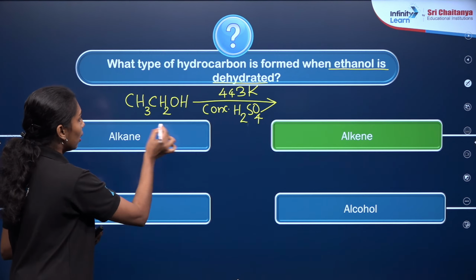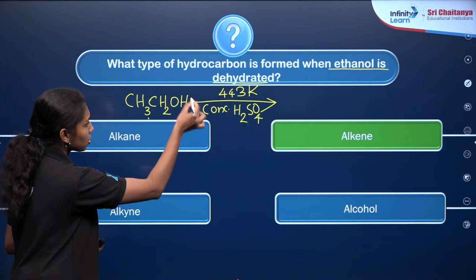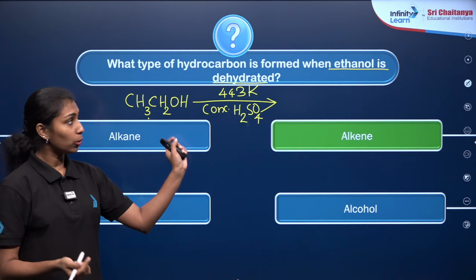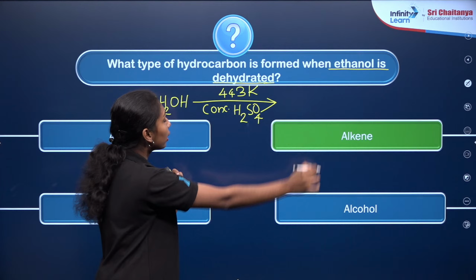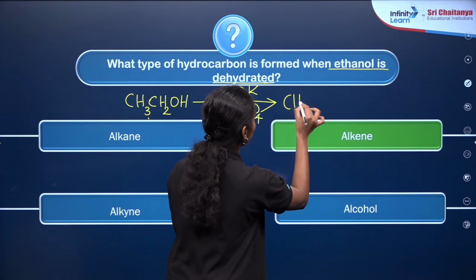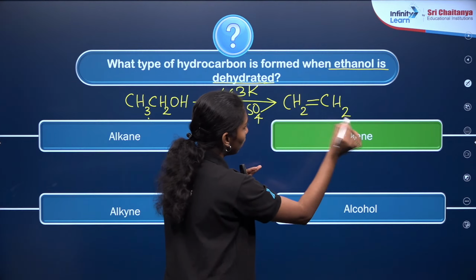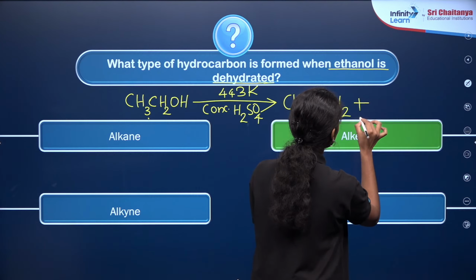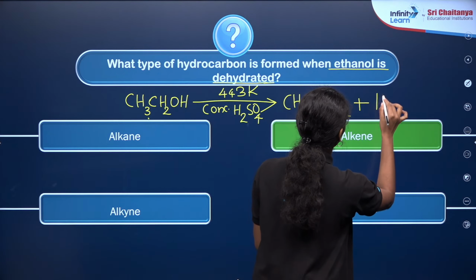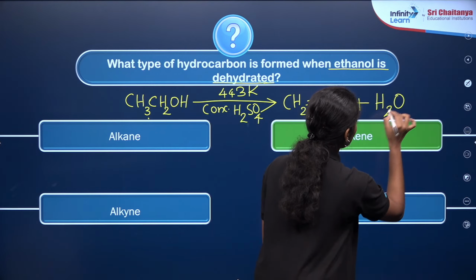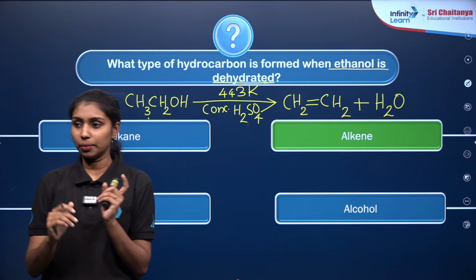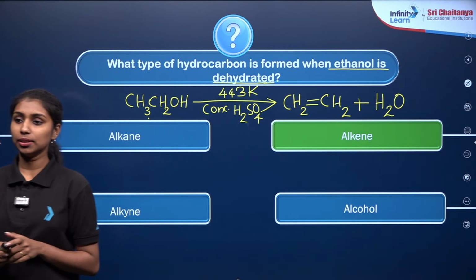One of the hydrogens from the CH3 and the OH group will combine to form a water molecule. That is known as dehydration, removal of water. So it will form CH2=CH2. An unsaturated hydrocarbon with a double bond is known as an alkene, or here specifically ethene. Clear? So what will be the exact answer? It will be alkene only. Arush, is that clear?